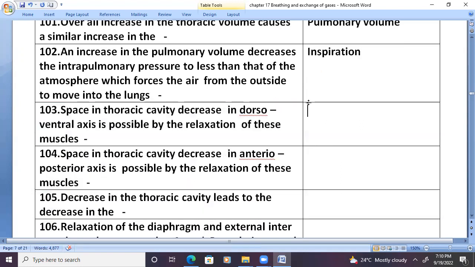Space in the thoracic cavity decreases in the dorsoventral axis by relaxation of the external intercostal muscles, and in the anterior-posterior axis by the phrenic, radial, or diaphragm muscles.